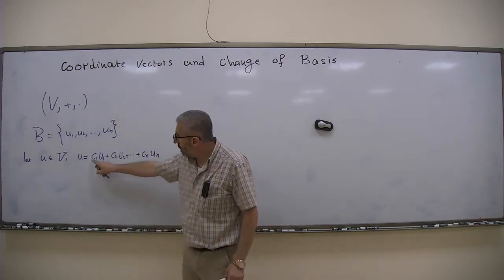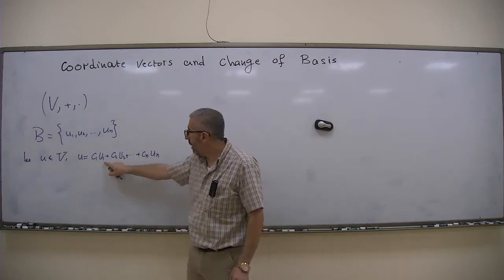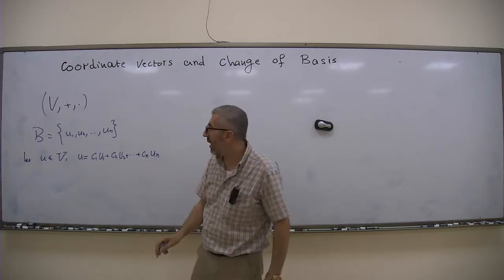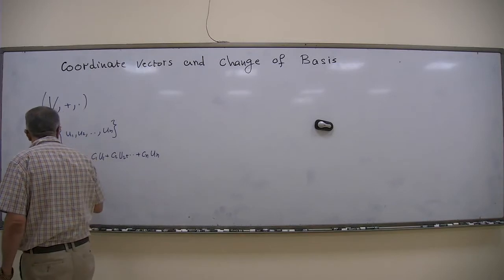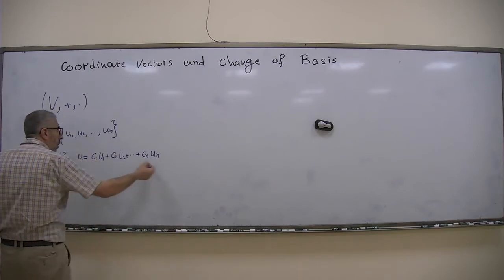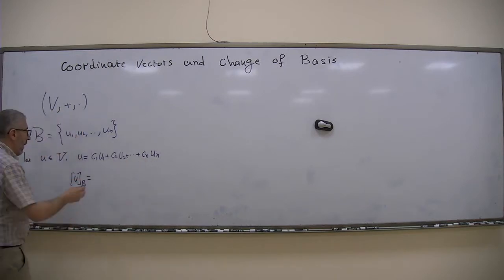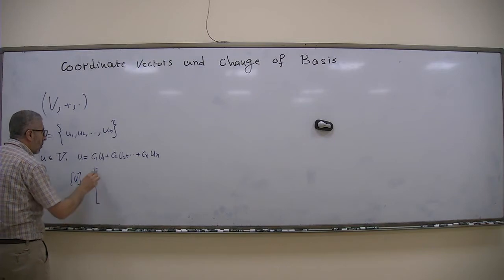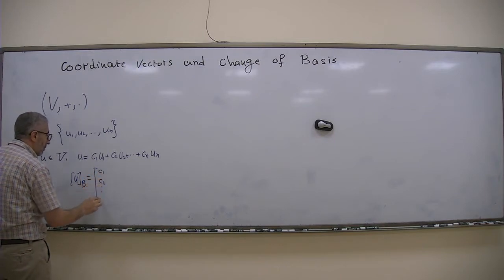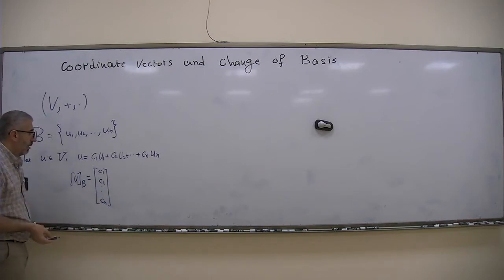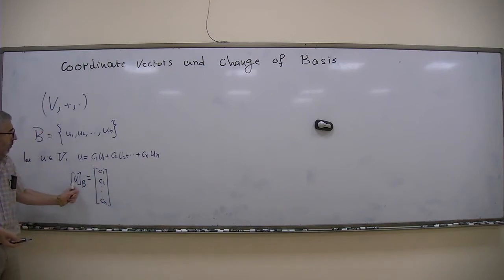Now, those constants, c1, c2, cn, they form what we call the coordinate vector of u with respect to B. When you solve this system and you find c1, c2, those are called the coordinate vector of u with respect to B.